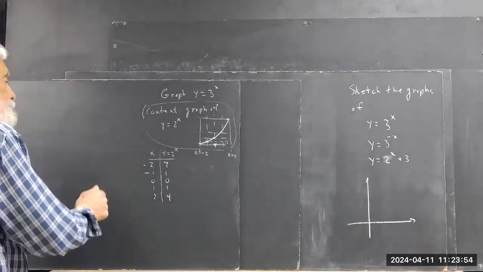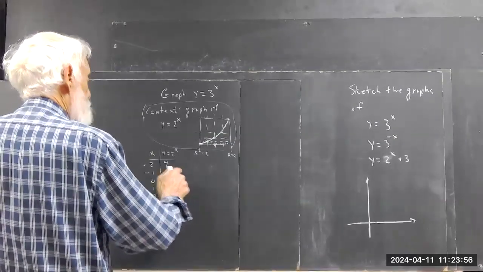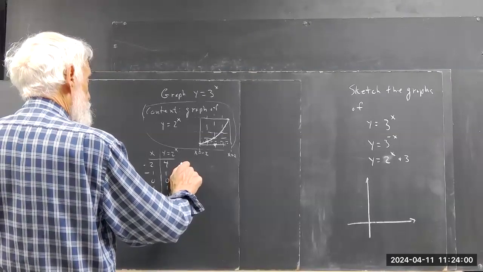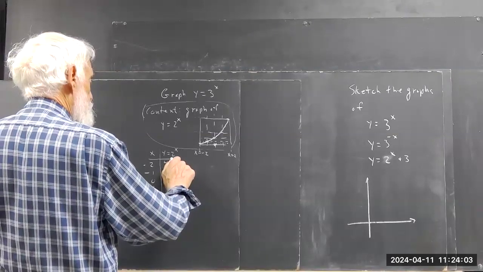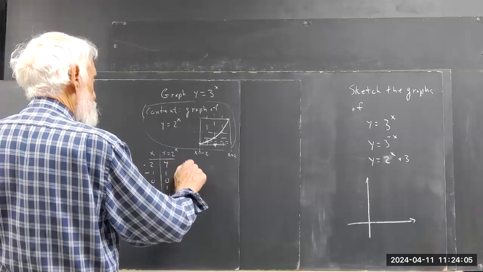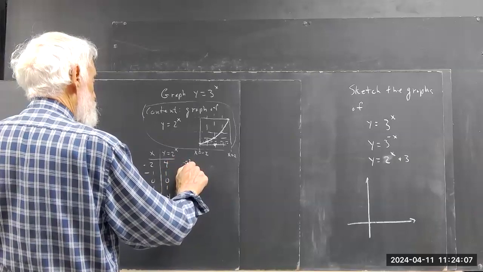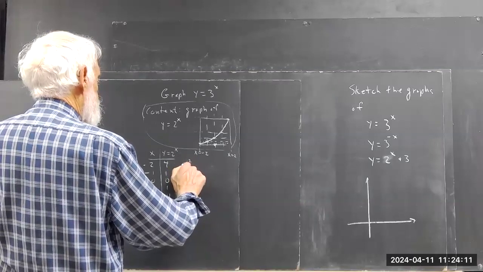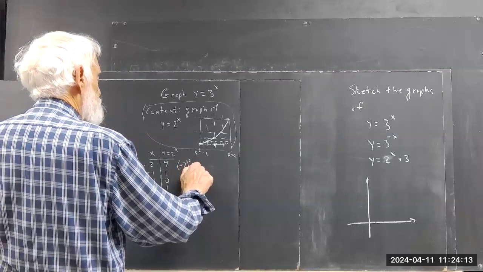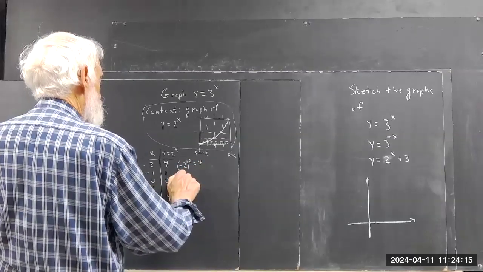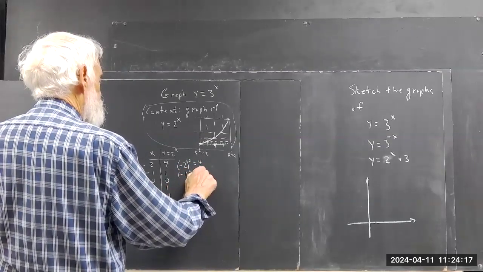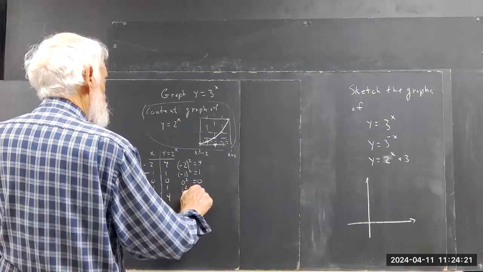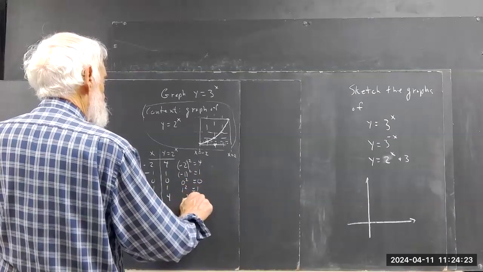But of course, by the calculations, -2 squared is 4. -1 squared is 1. 0 squared is 0. 1 squared is 1. 2 squared is 4.